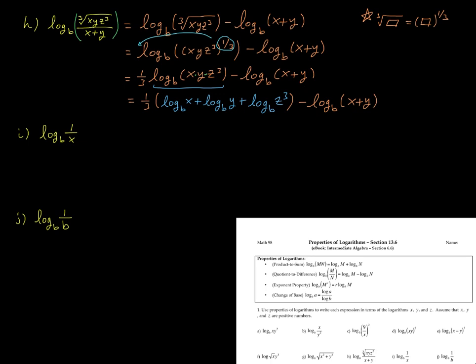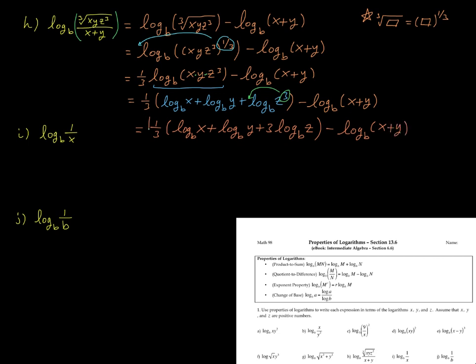Anything more I can do? All right. Yeah, there is. This 3 right here can come out in front of this logarithm, and it's going to multiply. So when all is said and done, this is quite the problem here. We've got 1/3 times the quantity, log base b of x plus log base b of y plus 3 times the log base b of z, close parenthesis, and then I'm still subtracting the log base b of x plus y.